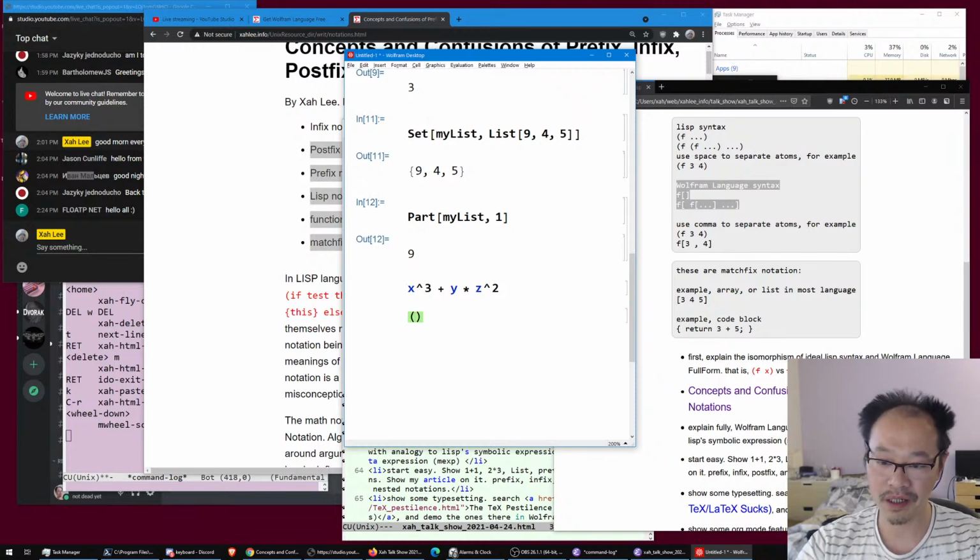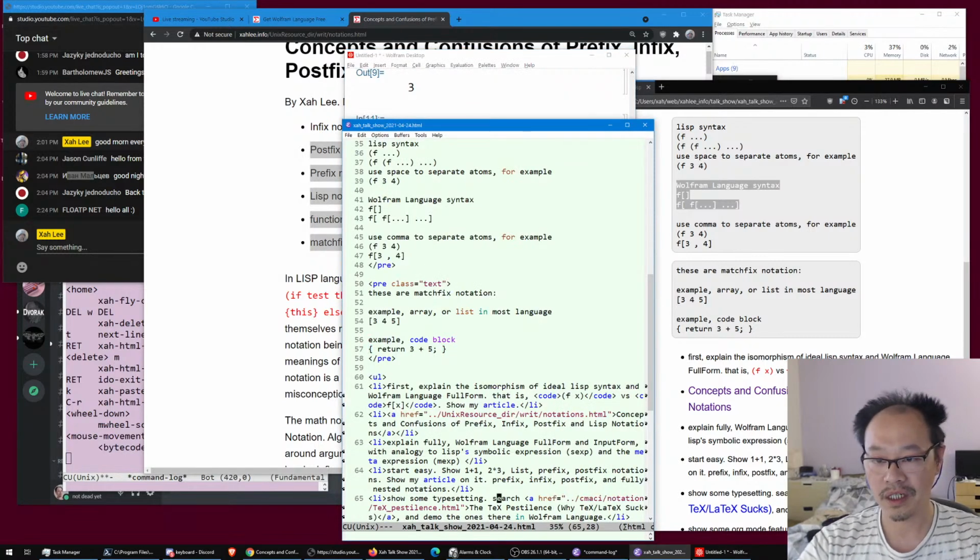In Lisp, it's going to be something like power x 3, then plus. Actually, we shouldn't do this in Mathematica, because that's not Mathematica syntax, and it's going to show you lots of errors. So let's do it in Lisp.